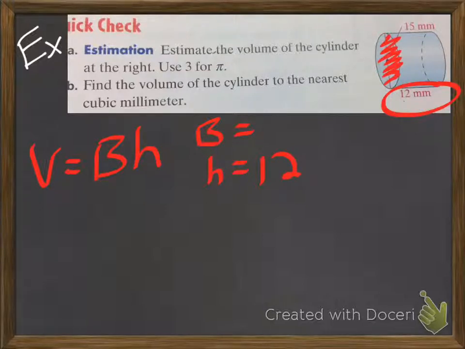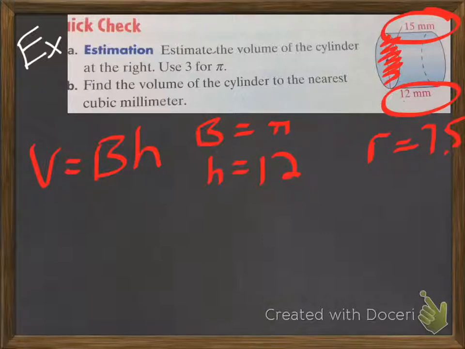a circle. So the area of a circle is pi r squared. The only unknown for pi r squared is r. If the diameter is 15, then r is going to be 7.5.